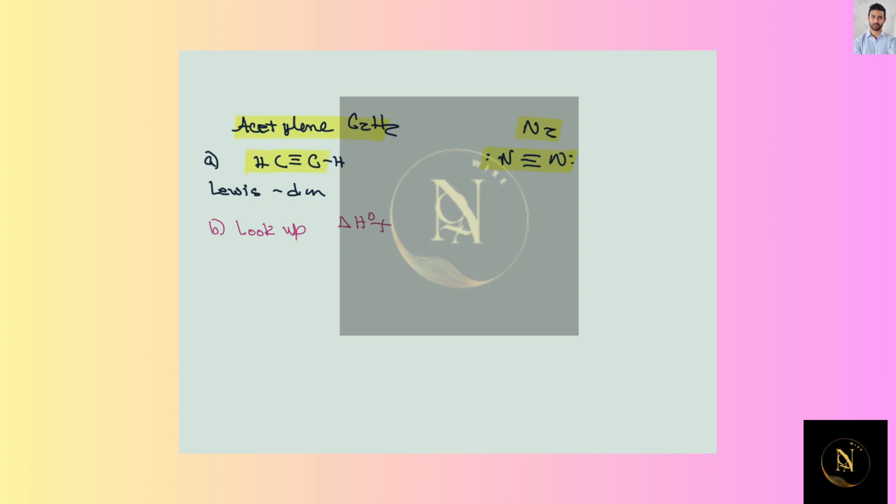For acetylene, we get 226 kilojoules per mole, and for nitrogen, we get 0 kilojoules per mole.